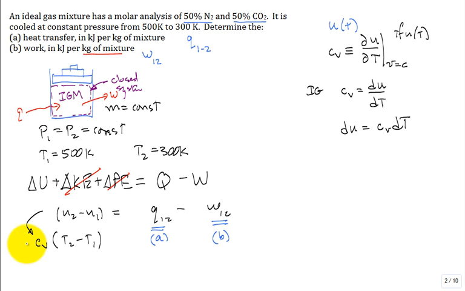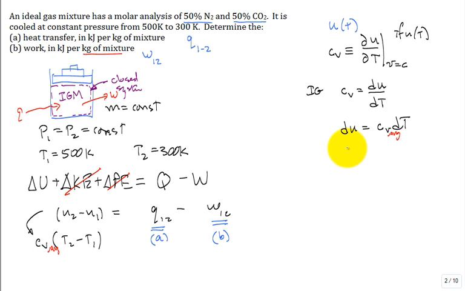True? All right. Now, sometimes somebody says, what happens if this is a function of temperature? Then put the average in here. So I might want to do an average, because I don't want to have to integrate C sub V over the temperature range that it's changing.